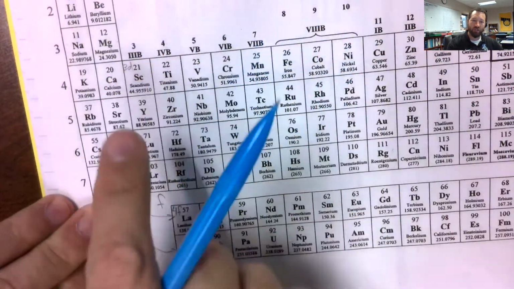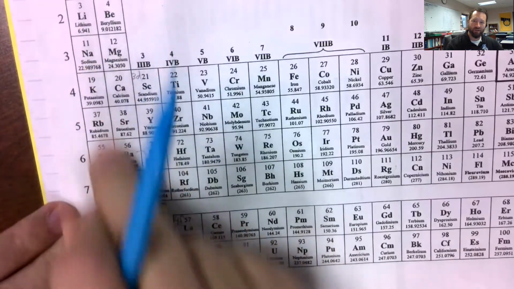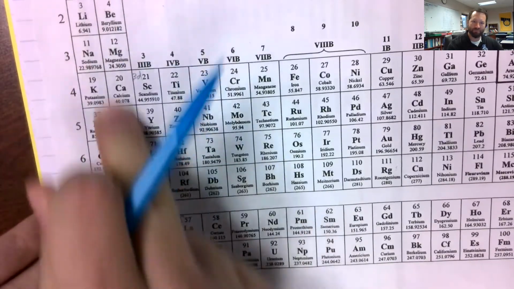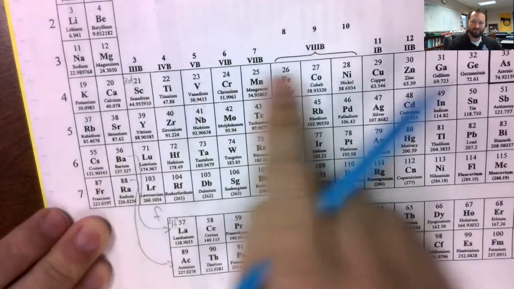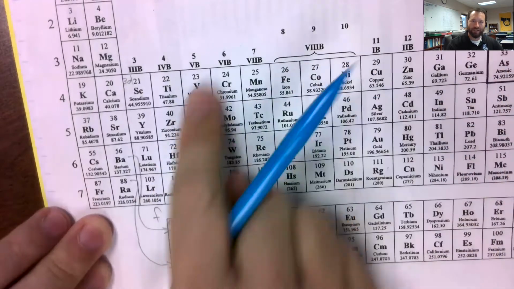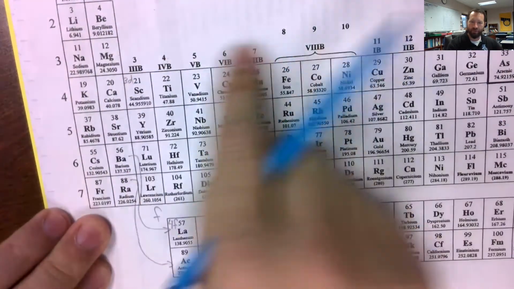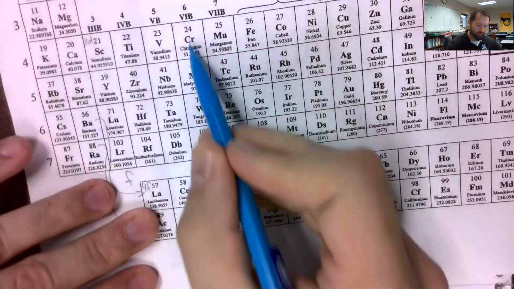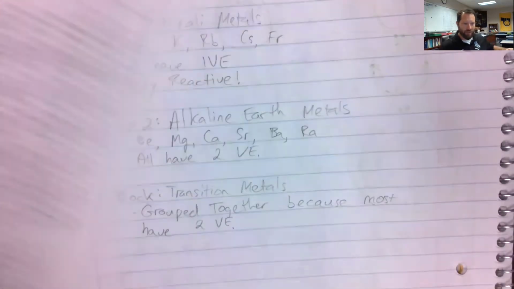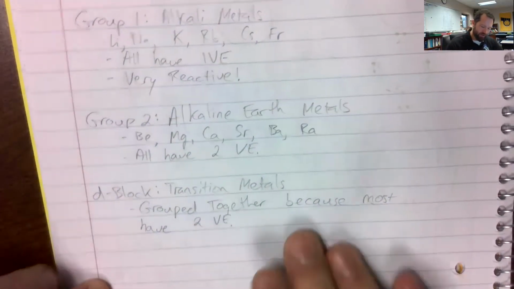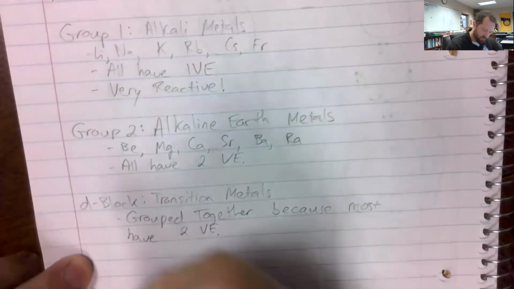And those 2 outer shell electrons are these 2 right here. So this is our D block. These are our 2 outer shell electrons. Most of them have 2 electrons. And a couple of exceptions, don't forget about those guys. But generally, they have 2 valence electrons.